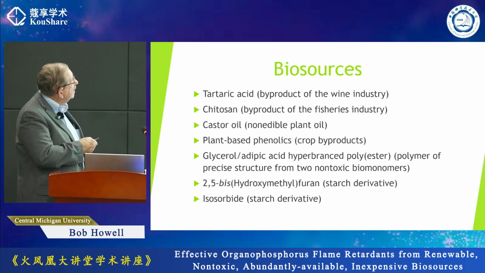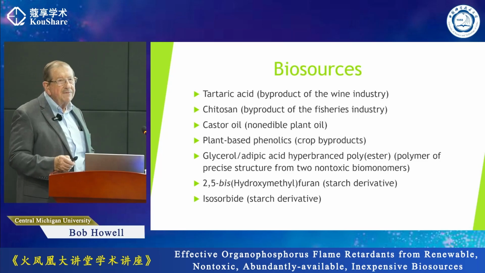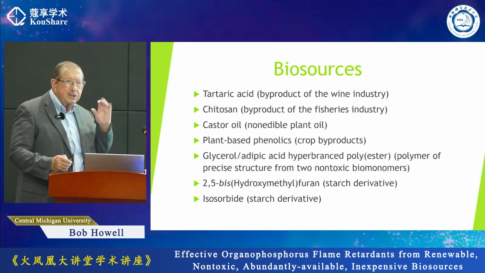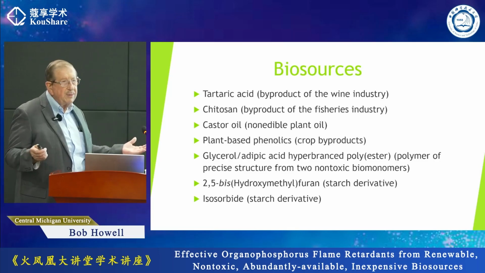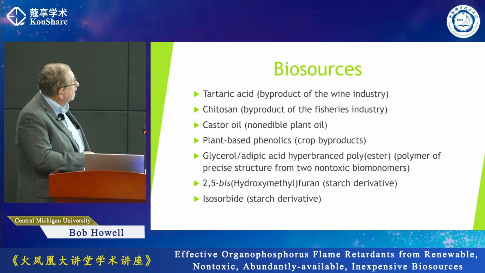So readily available. Chitosan is a biomaterial from the fisheries industry. Most shellfish have a structure of chitin, and that's just the acetylated chitosan. So lots of chitosan is available, with a reactive amino group, so you can do lots of things with it.